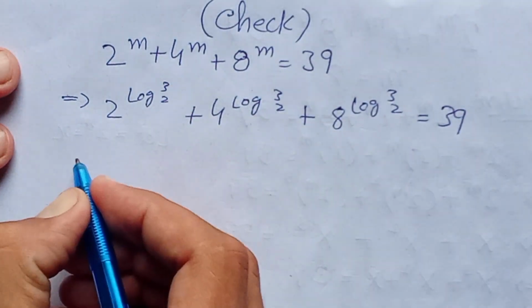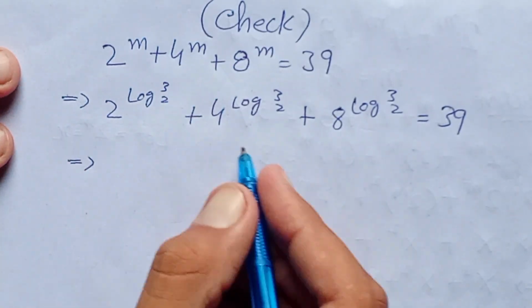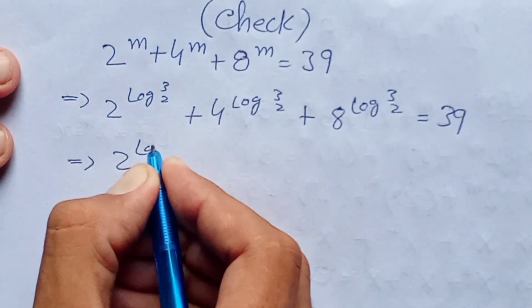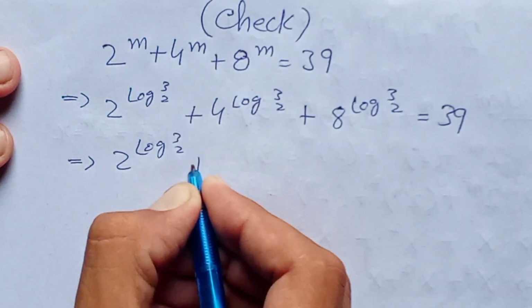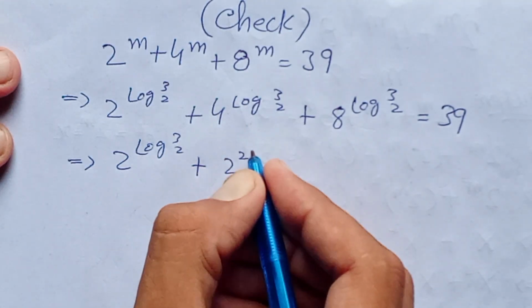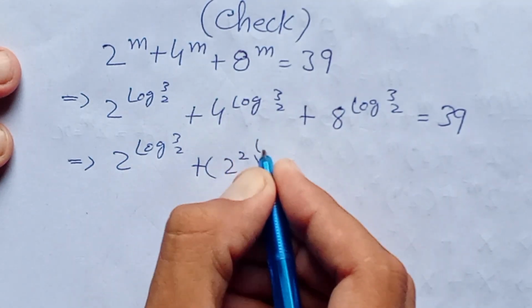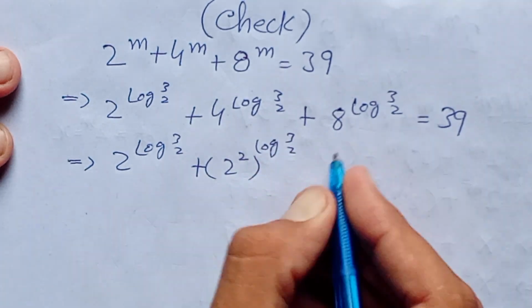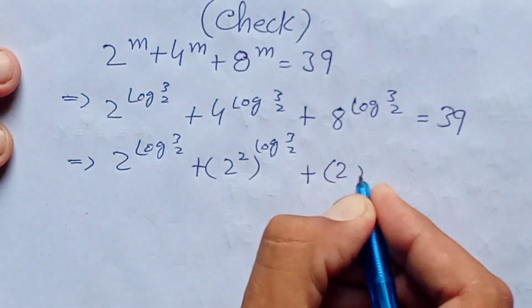So 2 to the power log 3 base 2 plus 4 to the power log 3 base 2 plus 8 to the power log 3 base 2 is equal to 39. Now I can write 4 as 2 square and 8 as 2 to the power 3.